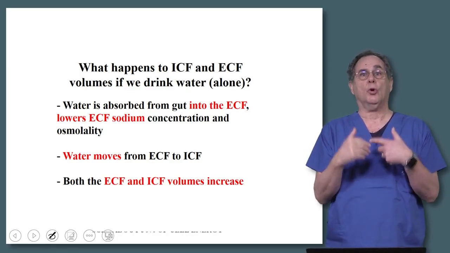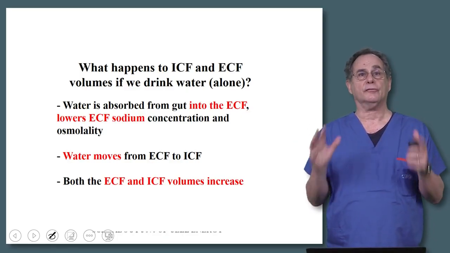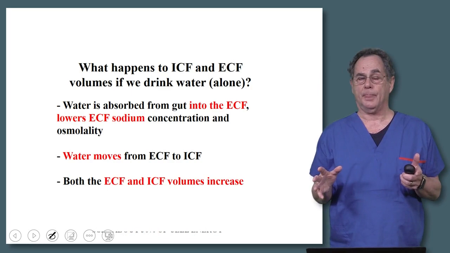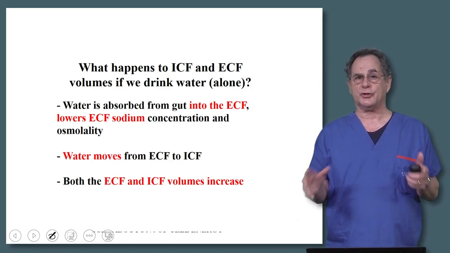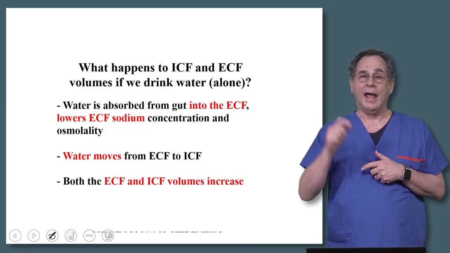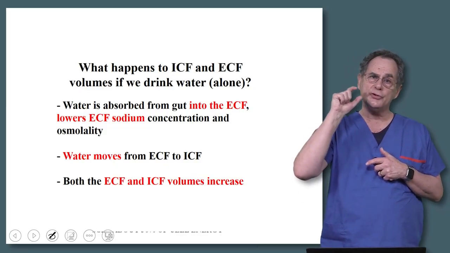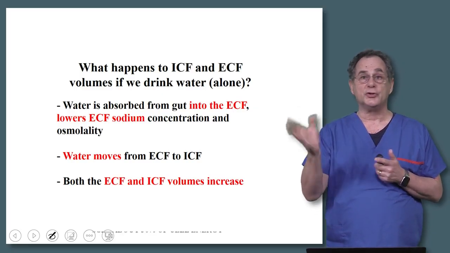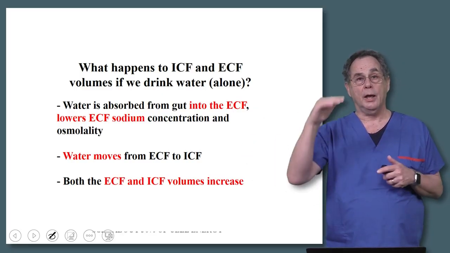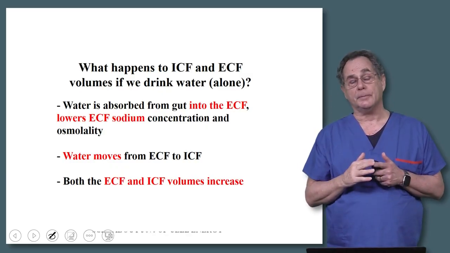So the water is absorbed from the gut into the extracellular fluid compartment. As that runner is drinking her water, it's going into the extracellular fluid compartment. And when it does so, it lowers the sodium concentration in the extracellular fluid compartment. It just dilutes it. That lowers the osmolality.